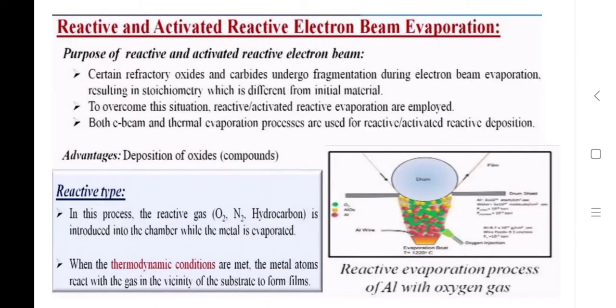Okay, let us go for the next one, that is called reactive and activated reactive electron beam evaporation. What is the purpose of this? Certain refractory oxides and carbides undergo fragmentation during electron beam evaporation, resulting in a stoichiometry which is different from the initial material.